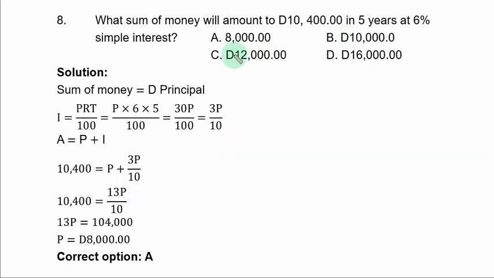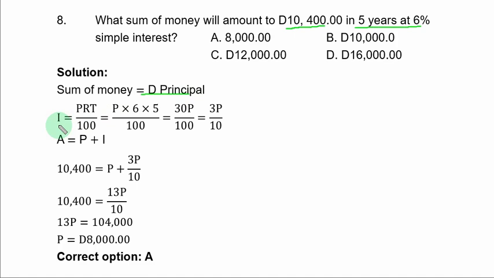Question 8. What sum of money will amount to 10,400 D in 5 years at 6%? So you are asked to find the principal because you have the amount, time, and rate. You have to get the interest.